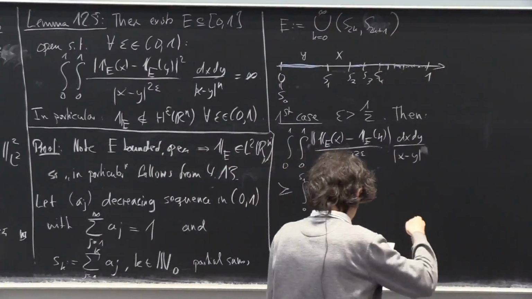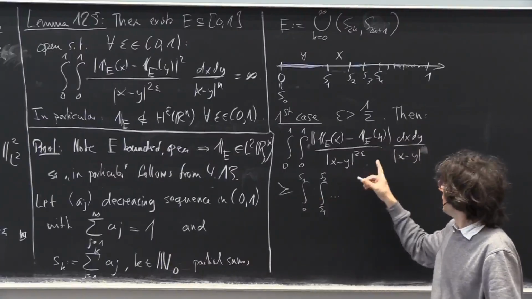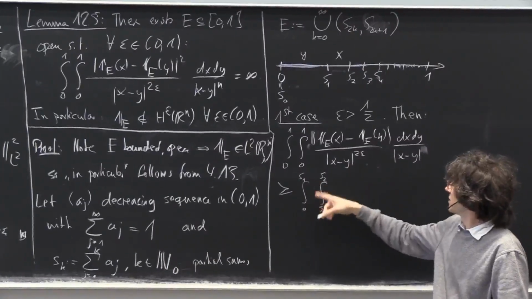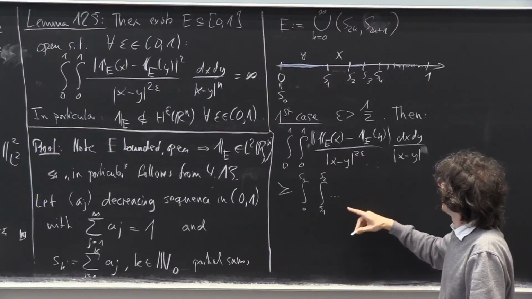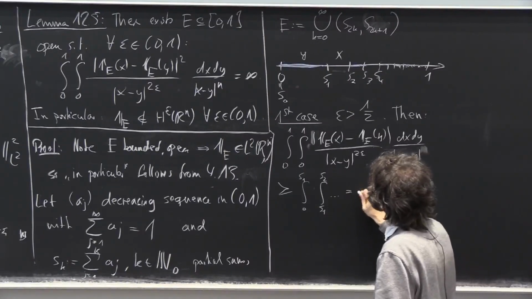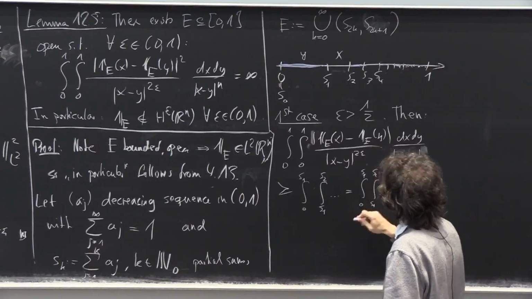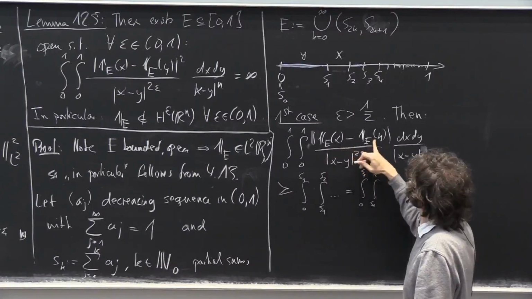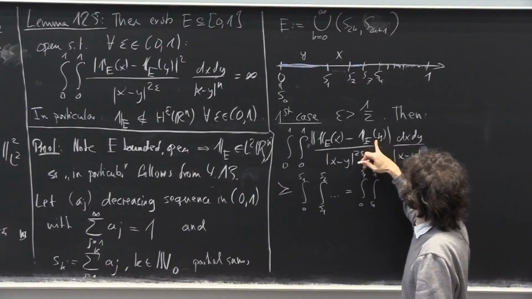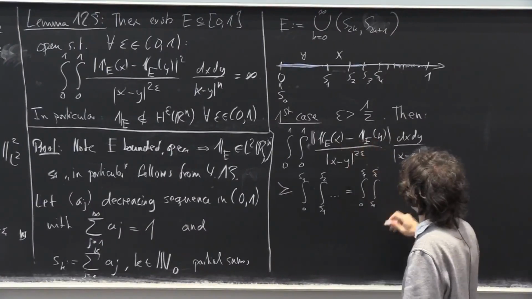But this already suffices. So we reduce this integral by just taking smaller intervals to integrate. Then the good thing is that if you know that your y is between 0 and S1 and your x is between S1 and S2, then you know that this number here is 0 and this number here is 1, because y belongs to E and x does not belong to E. So this difference is 1.